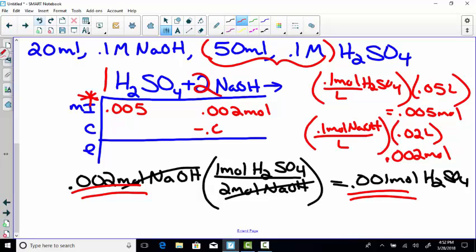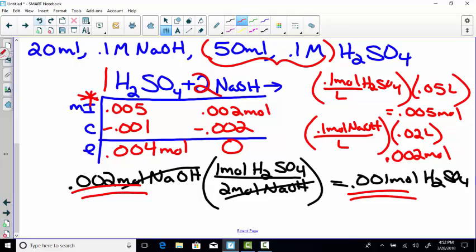So this is going to completely disappear and go to 0. But this is only going to disappear by 0.001 moles. That means you have 0.004 moles left over. Okay?